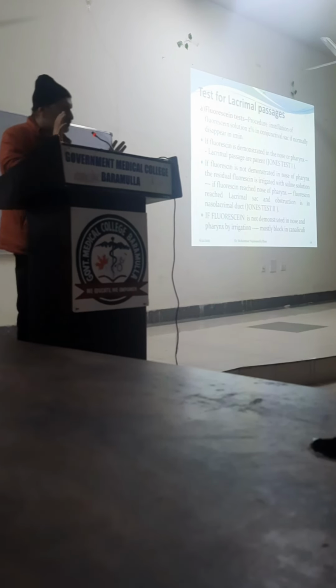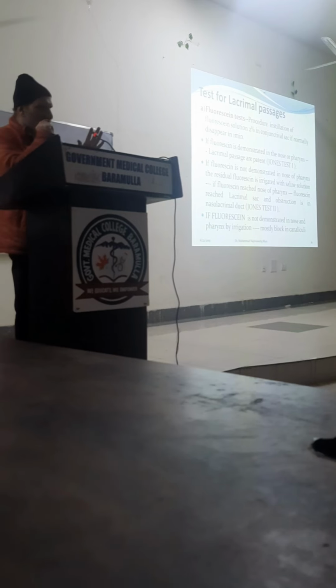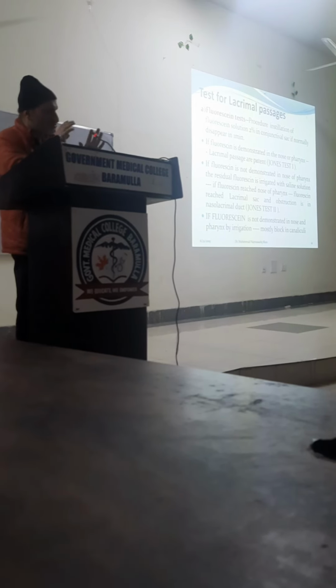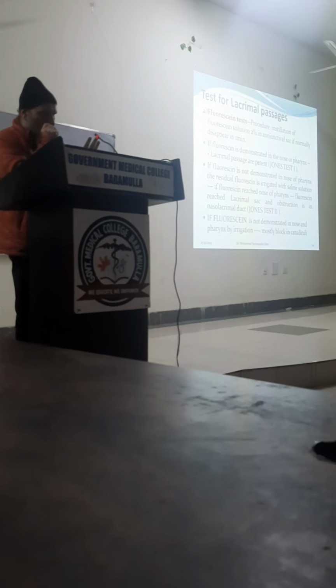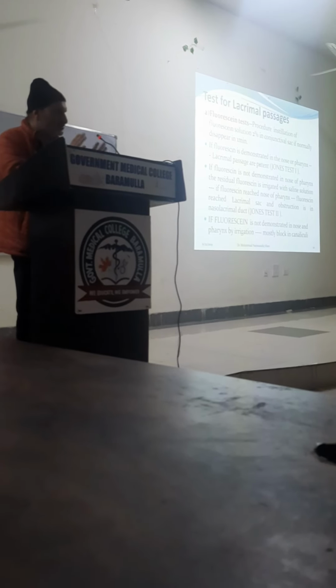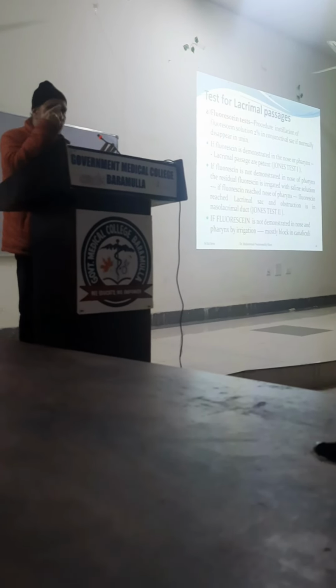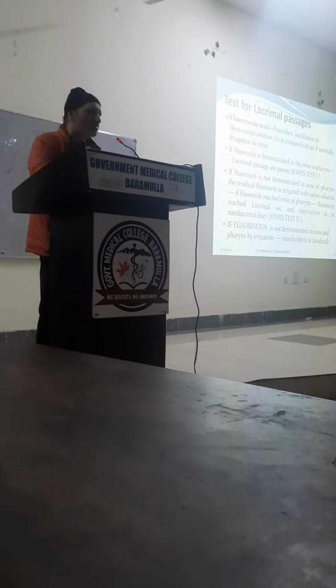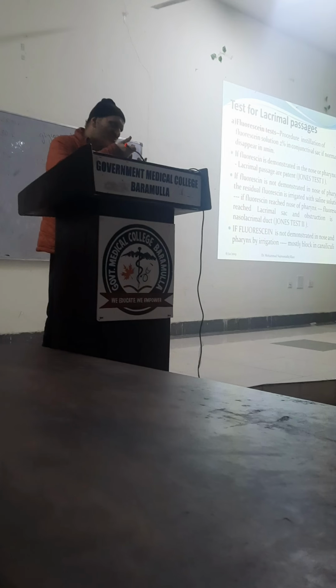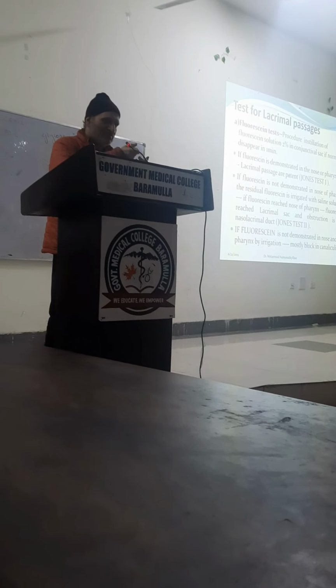Once the dye has not come, Jones 1 is negative. You have put fluorescein, and it has not come in the nose after 5 minutes. Now you wash the dye from the conjunctiva and do a syringe.